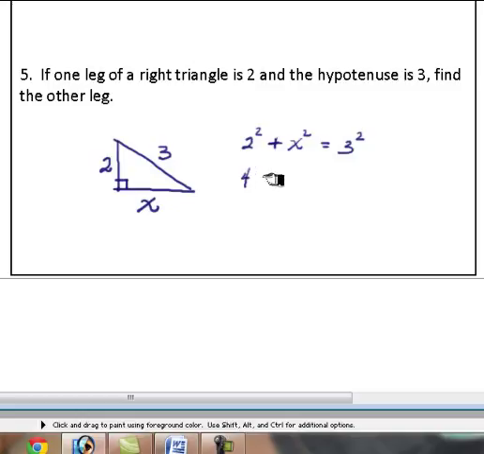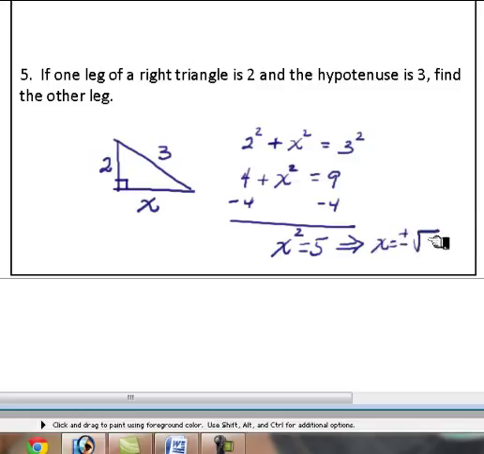So that's 4 plus x squared is equal to 9. And we're just solving for x squared. So we get that x squared is equal to 5. And that means that x is equal to plus or minus the square root of 5. That's taking the square root on both sides.